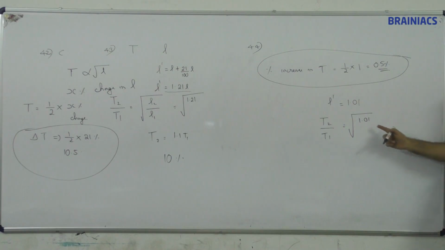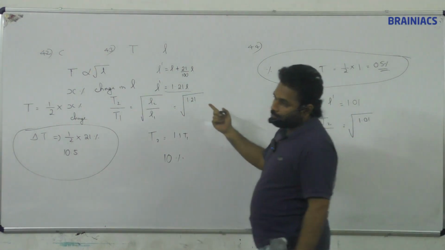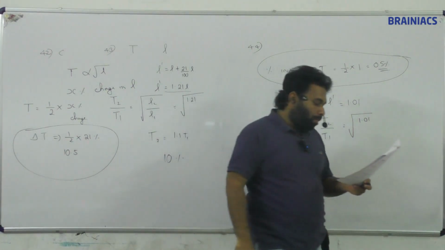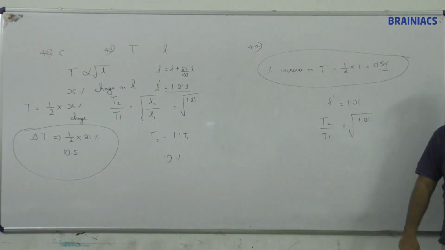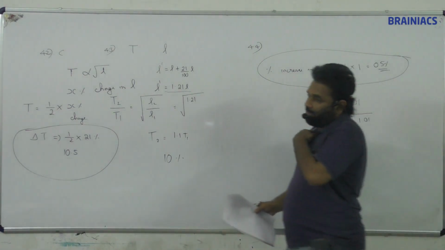If you take the root of this, I think we will get 1.004 or something. So what is the percentage change? 0.5%. We will get 1.004 T1, so we can take it as a 0.5% change like that.